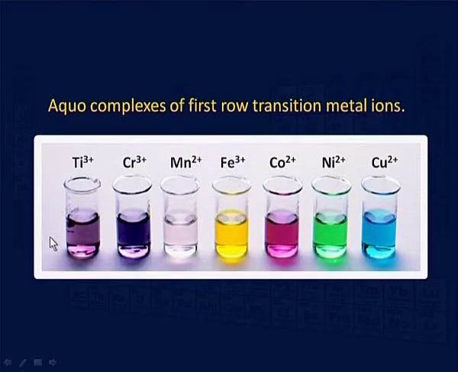Apart from the color of these compounds in the solid state, let us see some examples of aqueous complexes of first row transition metal ions. We have various aqueous solutions of titanium 3 plus, chromium 3 plus, manganese, iron, cobalt, nickel and copper. You can see a variety of colors possessed by these metal ions in the solution state as well. So, what is the science behind the color in the solid as well as in the solution state?